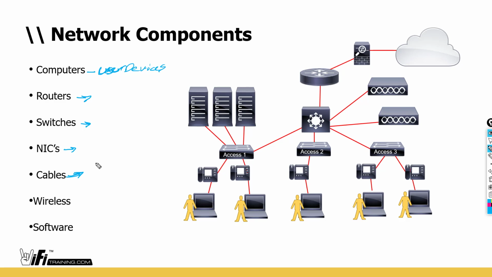What about the way we do our pin out on the cables? Is it a straight through cable? Is it a crossover cable? Is it a fiber cable? Is it a console cable? All that kind of stuff we've got to talk about. And then there's a whole world of RF on this. And then underneath it all, there's software, okay? Or running over it all is software. So you have all these different other components that are responsible for networks happening.